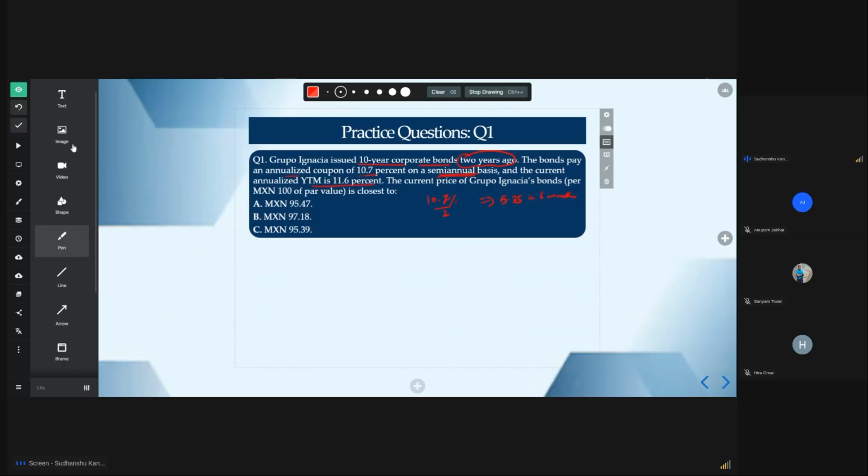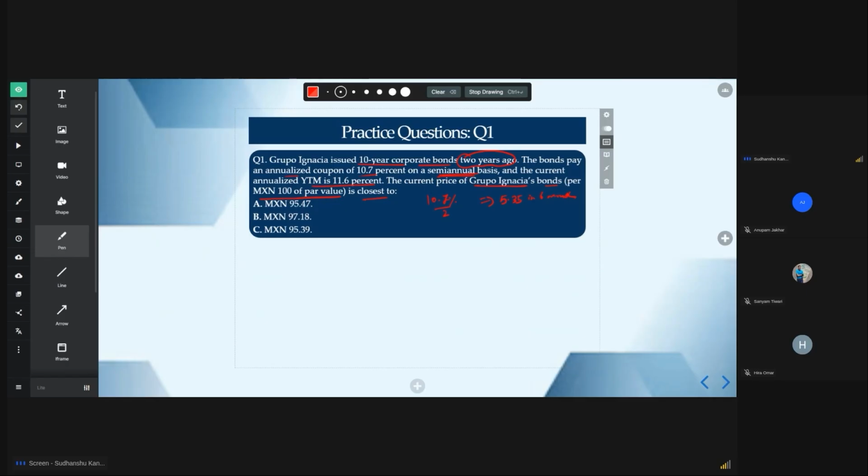YTM is 11.6%. The current price of the Grupo Ignacia's bonds per MXN 100 of par value is closest to. Now this is tricky, and this is how the question comes in the exam, guys.